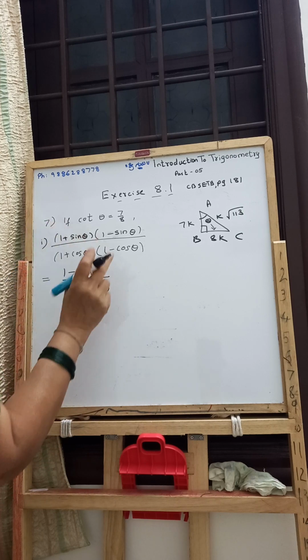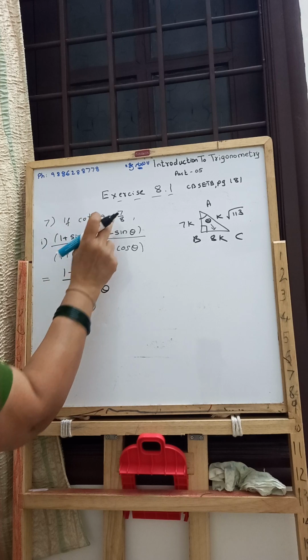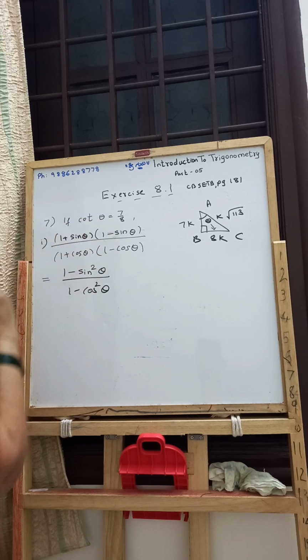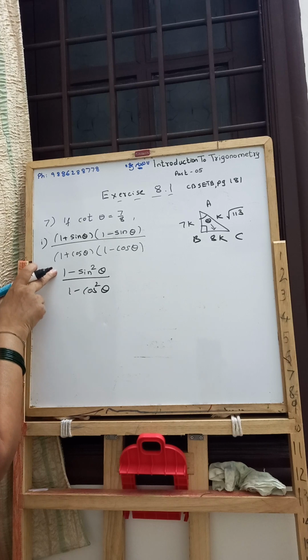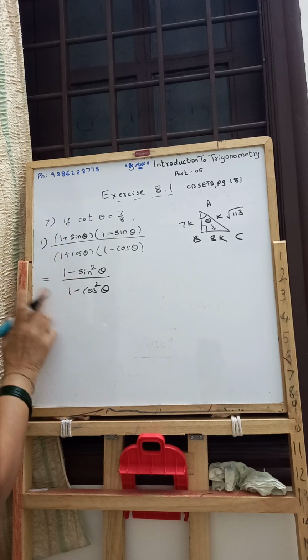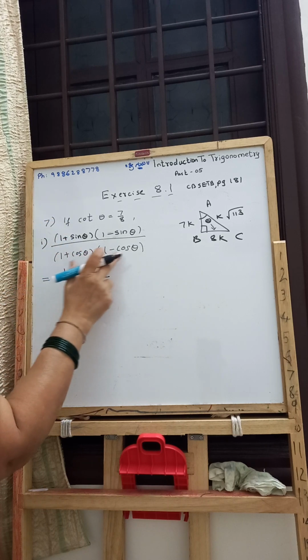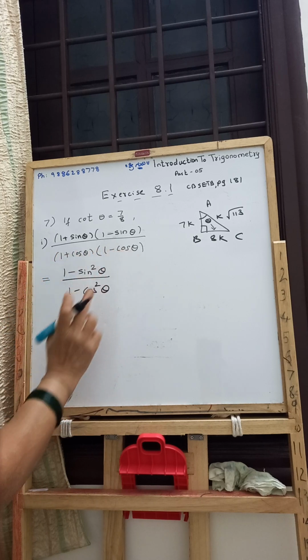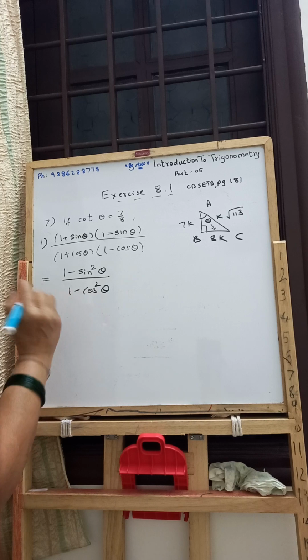Why? By the identity a plus b into a minus b is equal to a square minus b square. Here a is 1, b is sin theta. Therefore a square is 1 and b square is sin square theta. Similarly 1 plus cos theta into 1 minus cos theta, applying the same identity.